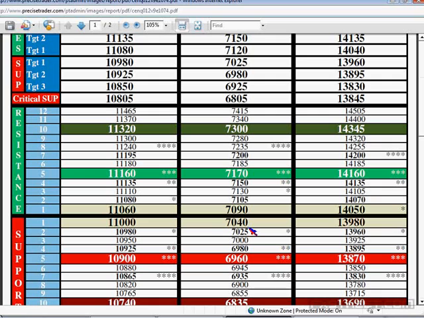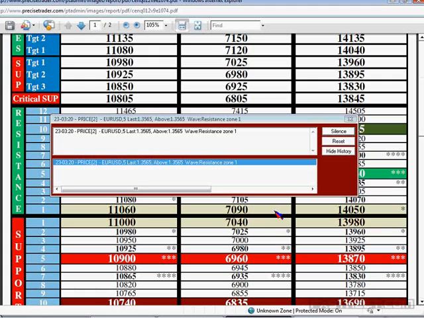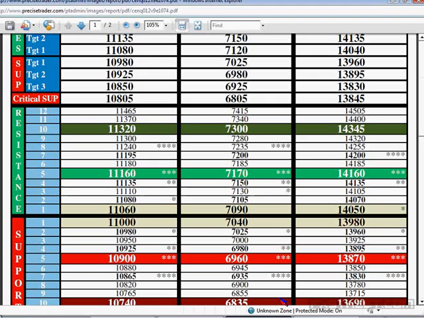As I told you, the hourly trend is up, so we look for a buying opportunity. Let me pull up the screen. You get two trading opportunities based on the report, and you can take a trade based on this report.